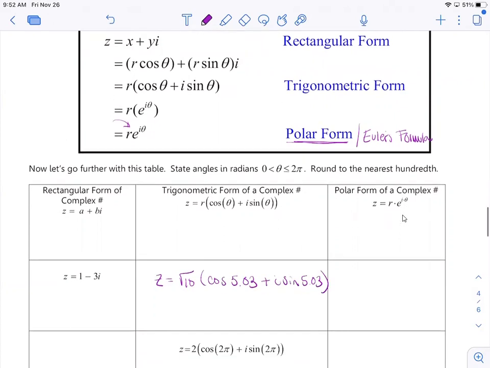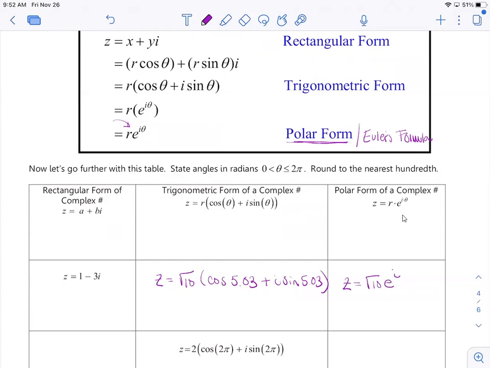And this little section of these videos is going to seem kind of boring. You're just going to write it in polar form, also known as Euler's formula. Well, we have our r, which is root 10. e is a number, we talked about it. It's that irrational number. i is root negative 1.